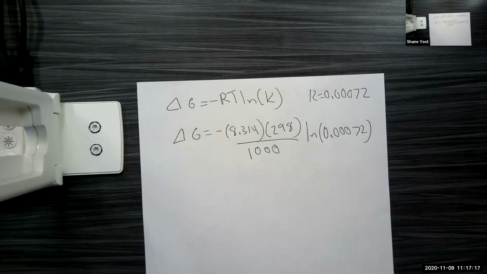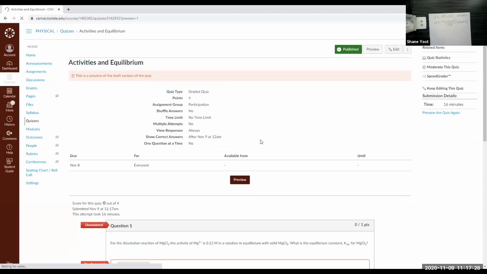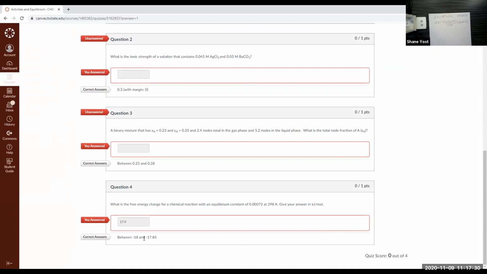So yeah, I dropped the negative too. Damn. I should have caught that too, because I'm always telling people in Gen Chem. Oh well. So I've got to regrade number 4 and number 2.